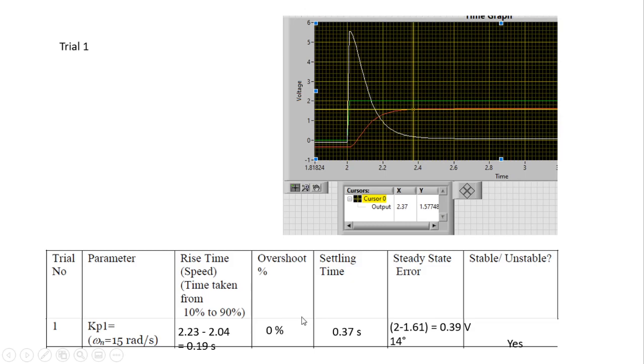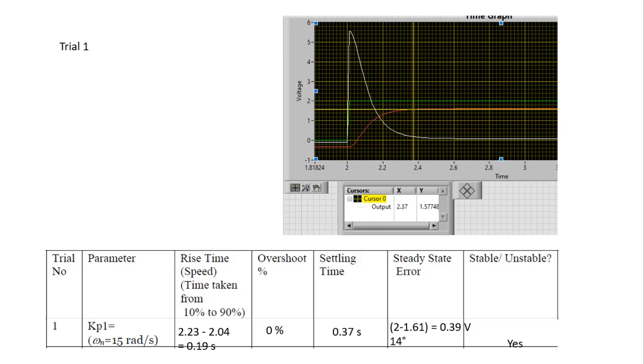So rise time is a tough one. Rise time is usually taken from 10 to 90%. So 10% of what though? What I decided to do was go for the whole range. It starts from about negative 0.2 to 1.6, so the total range is about 1.8.